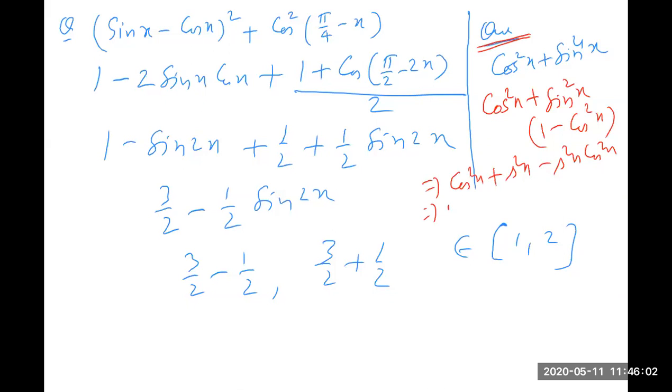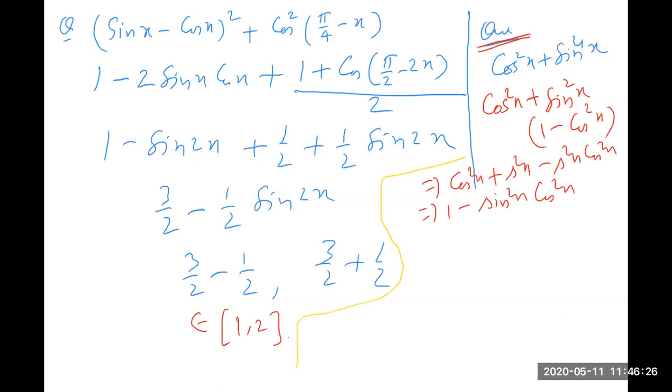So this is 1 minus sin square x cos square x, which is 1 minus 1/4 sin square 2x.